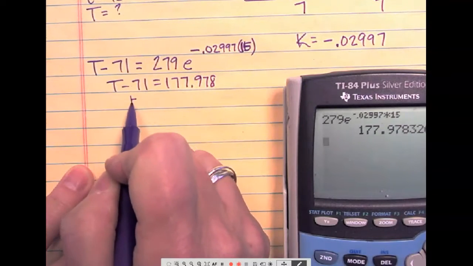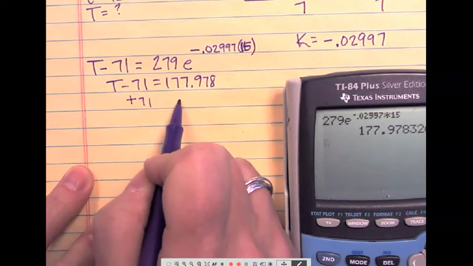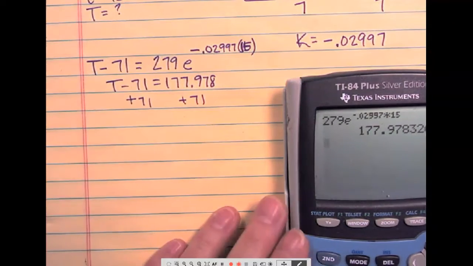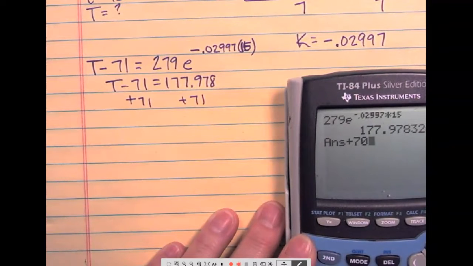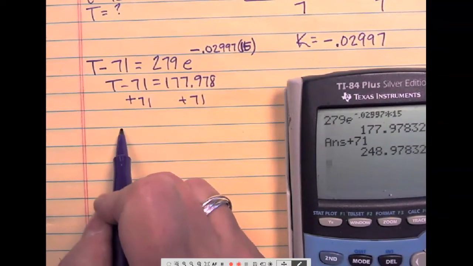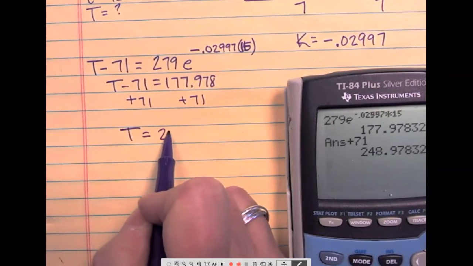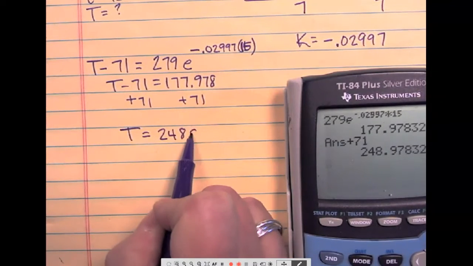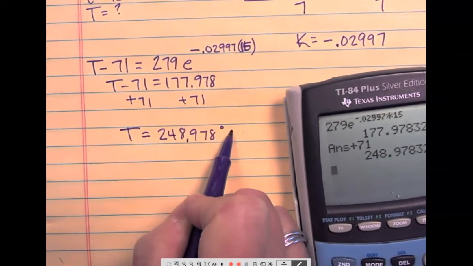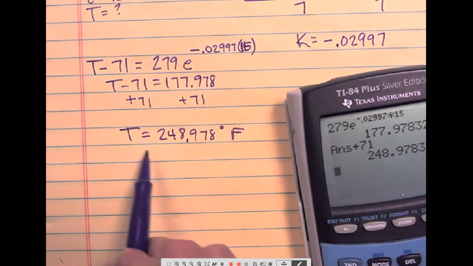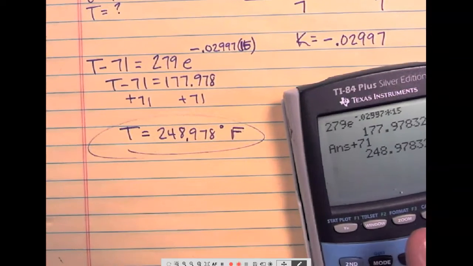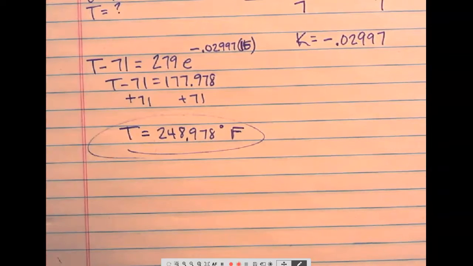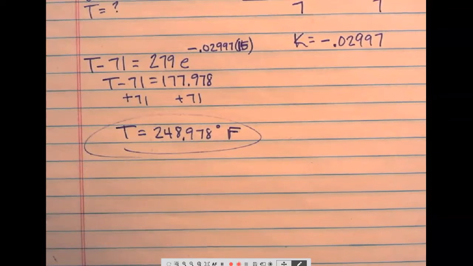And now add 71. And 248 degrees Fahrenheit. Which, it's multiple choice, so that rounded up to 249.